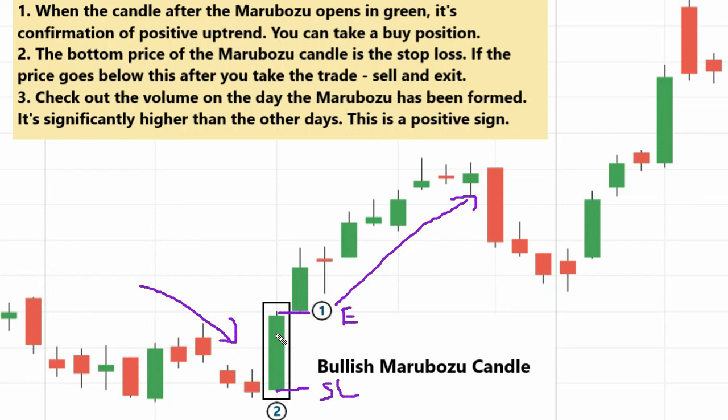It means they are completely dominating the sellers, with very high volume and very aggressive buying. So sellers don't get any entry in this Marubozu candle, and it has a very high probability of giving a bullish rally after the high of the Marubozu candle is broken.